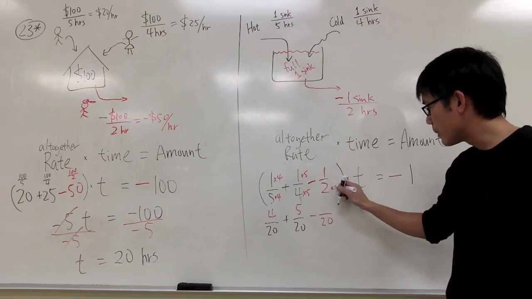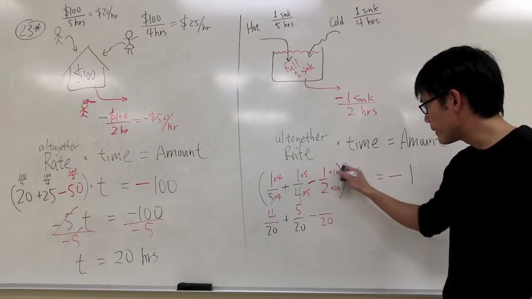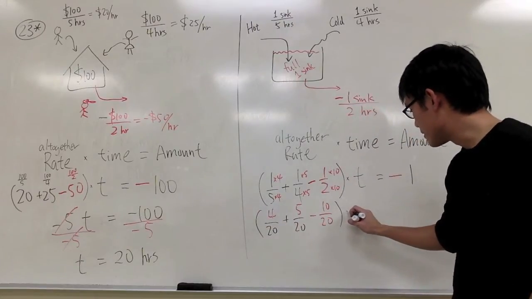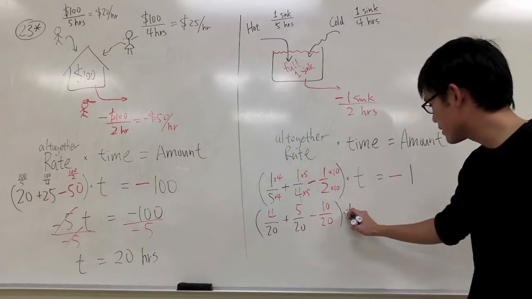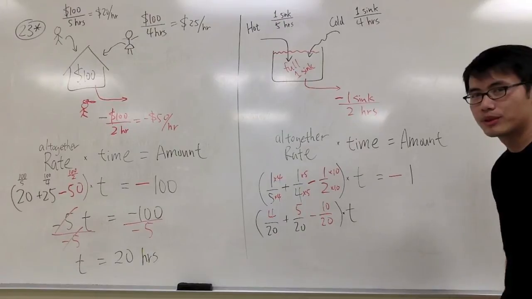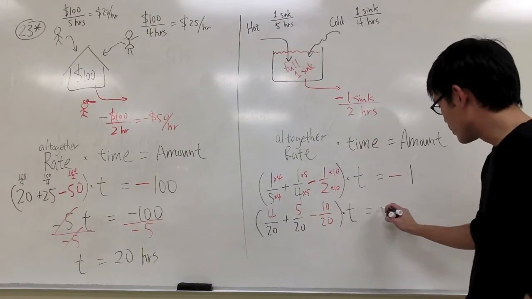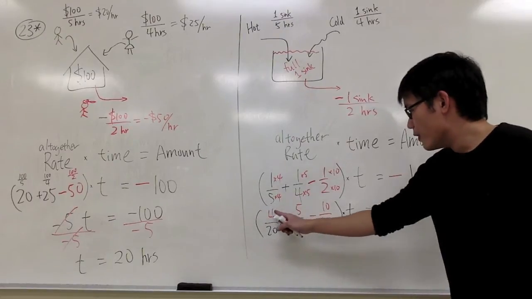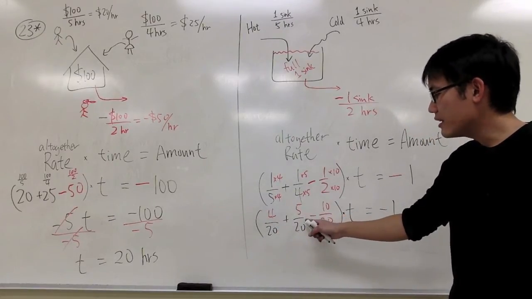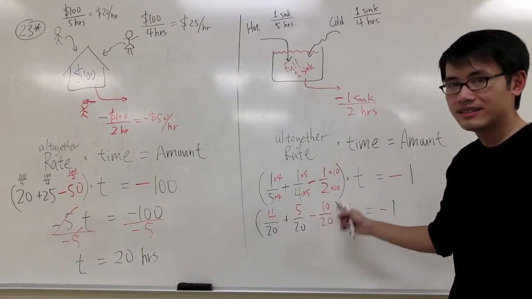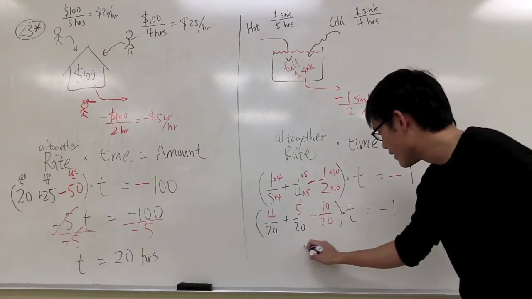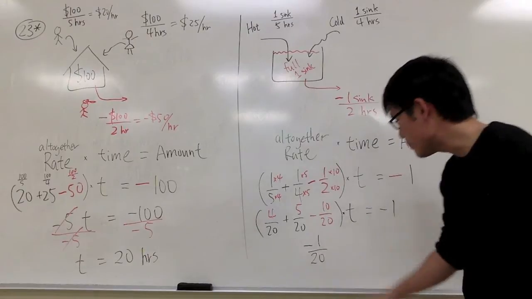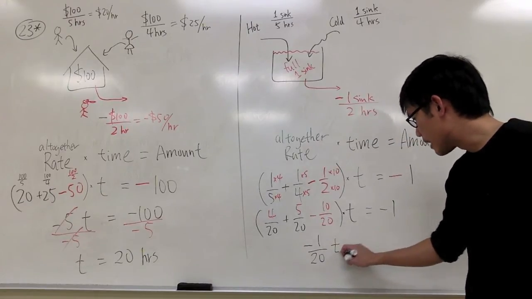And I need to multiply by 10 here. Just like that, times t. Let me still put a baby x for multiplication. It's equal to -1. And 4 plus 5 is 9. 9 minus 10 is -1. So here I have -1 over the denominator, which stays the same, 20, times t, equal to -1.